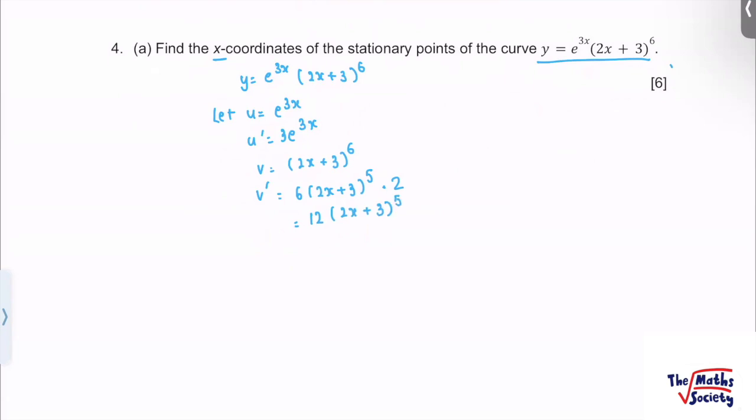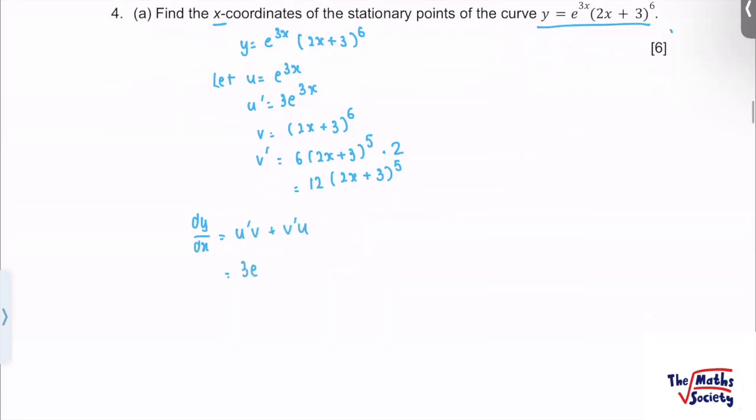And then dy by dx is going to equal u prime v plus v prime u. So u prime is 3e power 3x. And because it says stationary point, we know that dy by dx is equal to 0, right? We can just put 0. So v is going to be (2x plus 3) the whole power 6, plus 12(2x plus 3) the whole power 5, and then you multiply it by e power 3x because it's u.